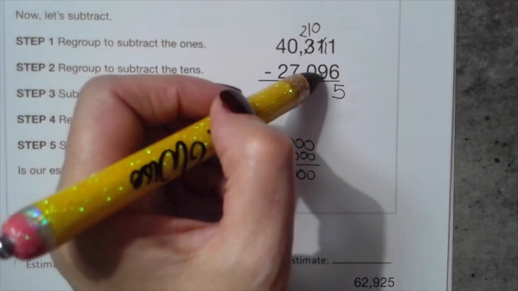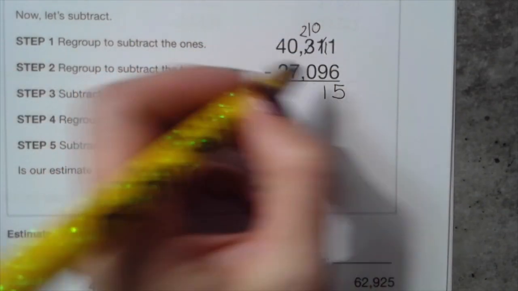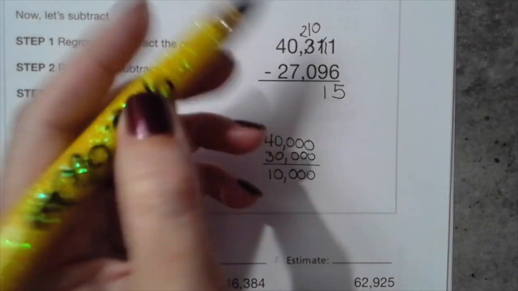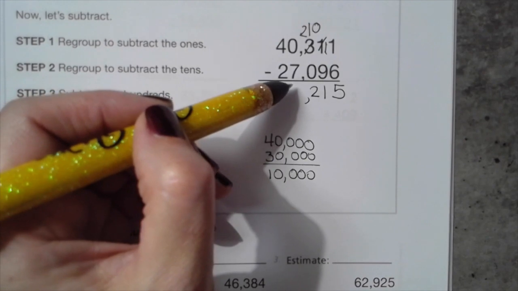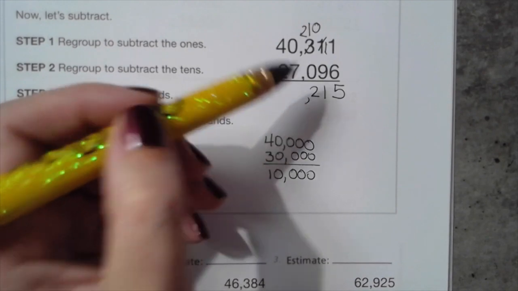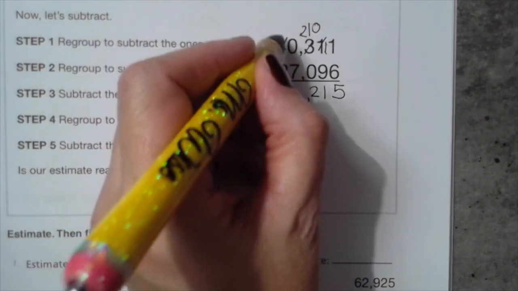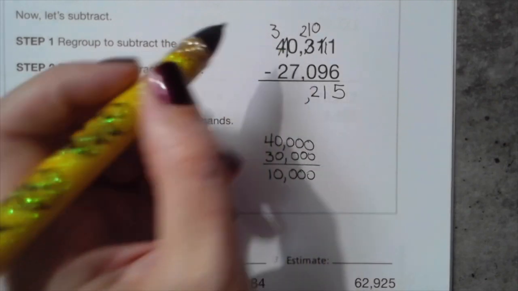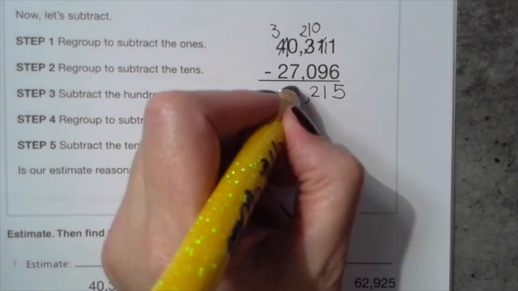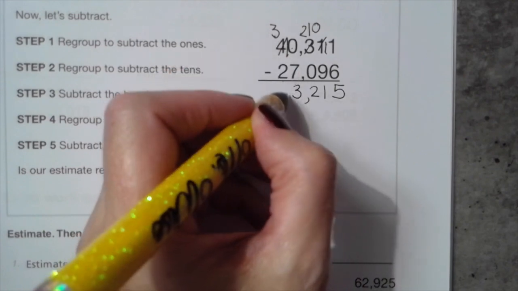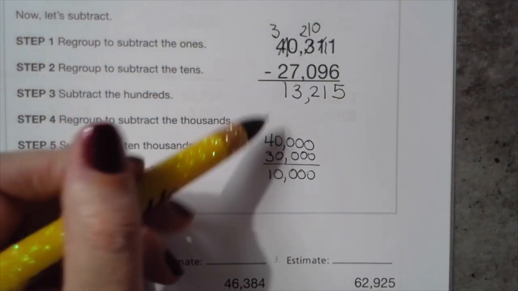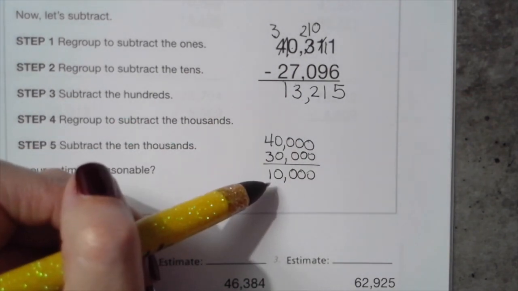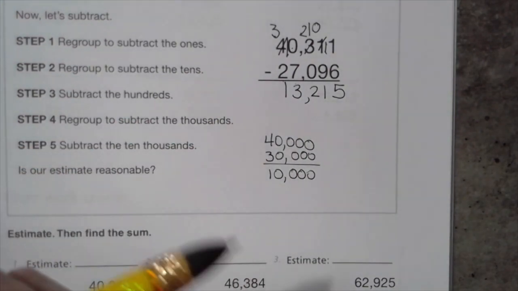So now I have 10 subtract 9 is 1. 2 subtract nothing is 2. Now I have 0 subtract 7. Can I do that? No. More on the floor. Go next door and get 10 more. Now I have 10 subtract 7 is 3. And 3 subtract 2 is 1. Okay, and I mean 13,215 is closer to 10,000 than 20,000, so that's reasonable.